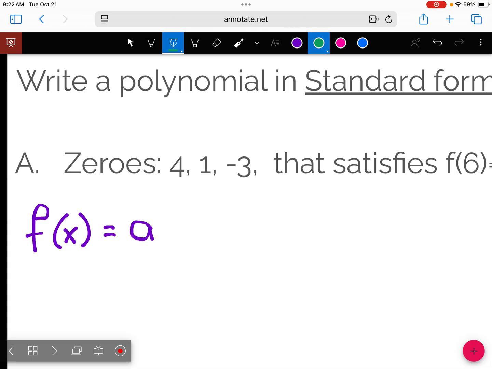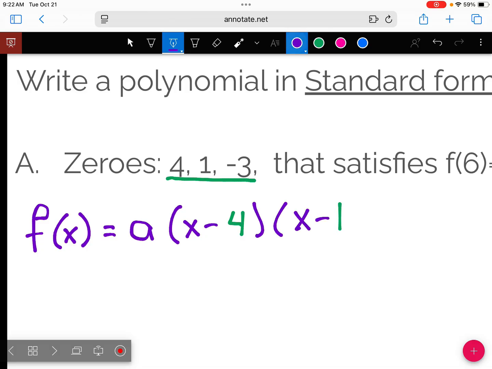How do I put these zeros in as factors? x minus negative 3, which is the same thing as x plus 3. So we're starting out exactly the same way. That is our generic kind of factored form for any polynomial that goes through those three roots.